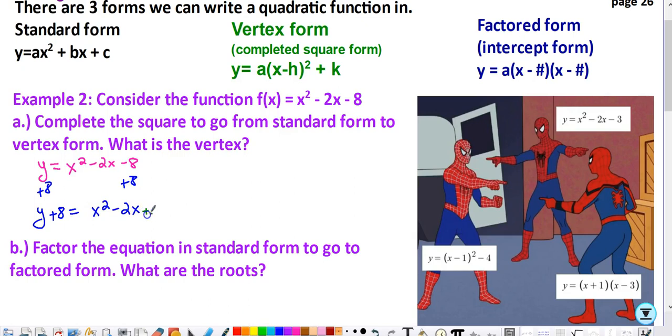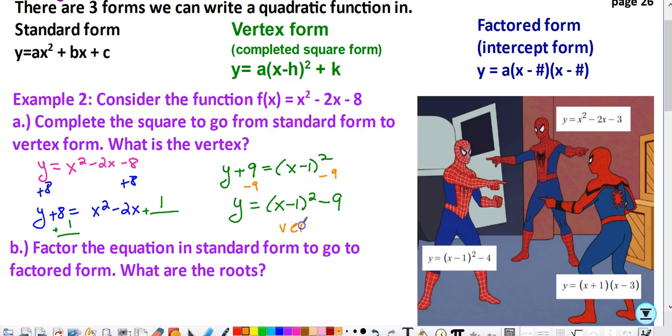Complete the square. Half of -2 squared. Add my 8 and 1. Factor the right. Isolate the y. And the vertex is at the point to the right 1, down 9.